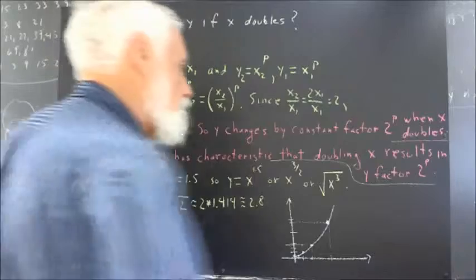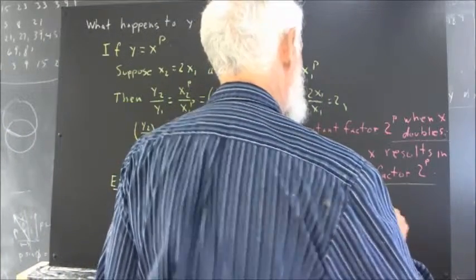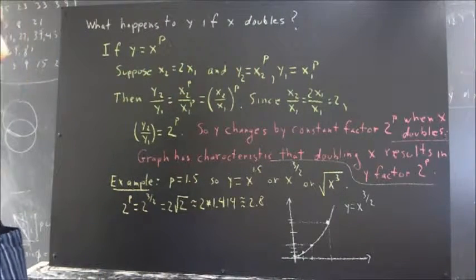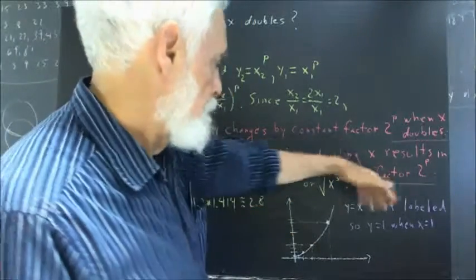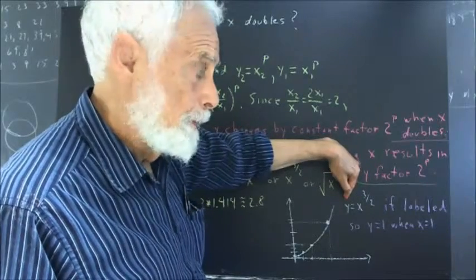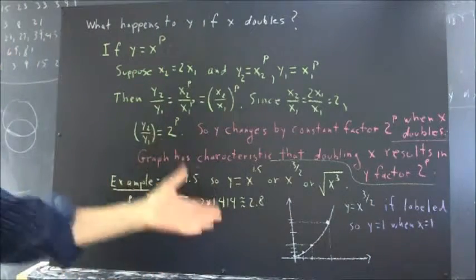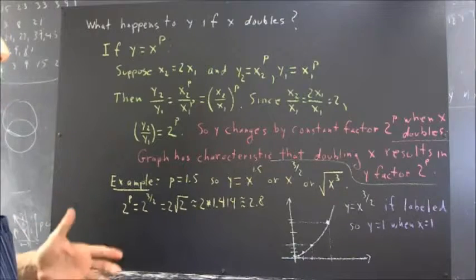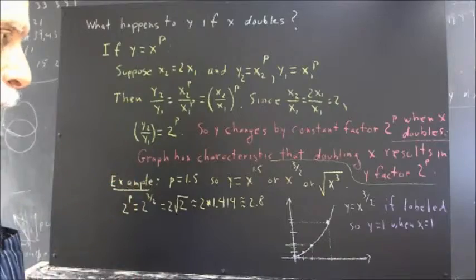And that's a pretty good graph of y equals x to the 3/2 if we label it that way. To see how to label this, and I've written this down here, if x equals 1, then y would have to equal 1 to get this particular function. So all we have to do is pick a point on this graph, any point, and say that, okay, at this point we decree that x equals 1 and y equals 1.